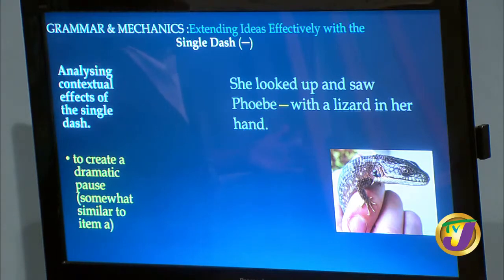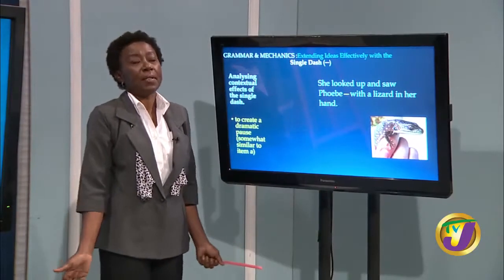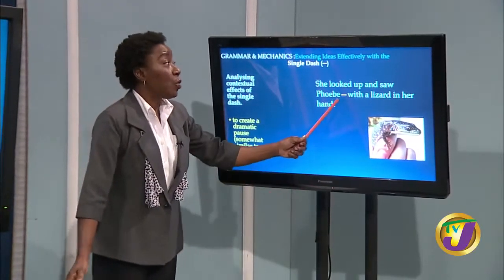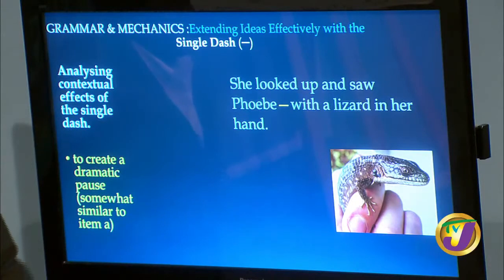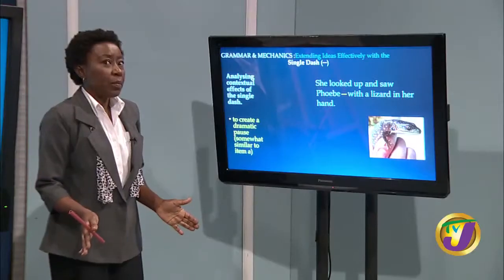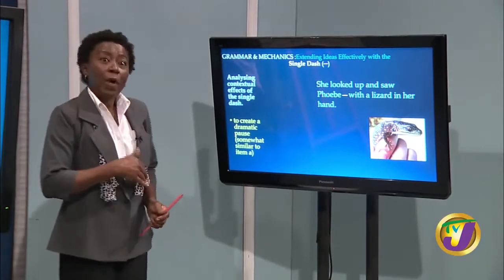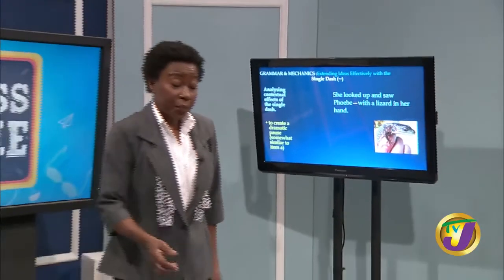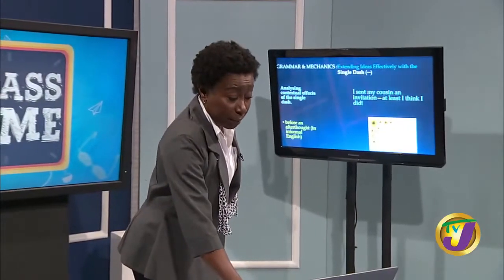An unexpected situation, you would expect her to have anything but a lizard in her hand. So you saw her with a lizard. So you would just hold it with a lizard in her hand. Dramatic pause. Now, when we looked at the verse, let's go back quickly to the verse with the woman.